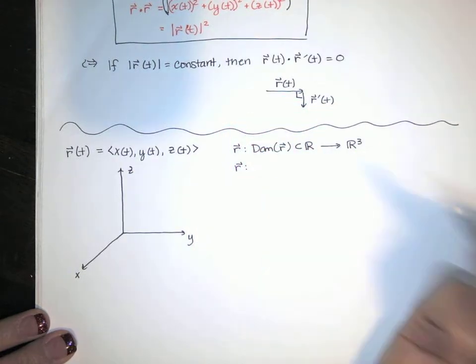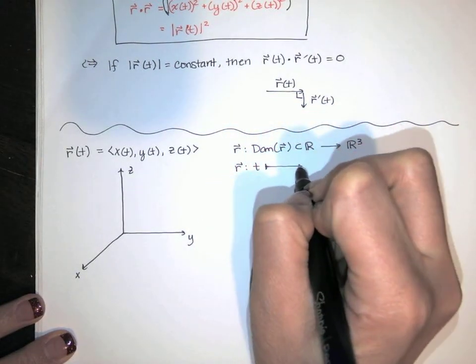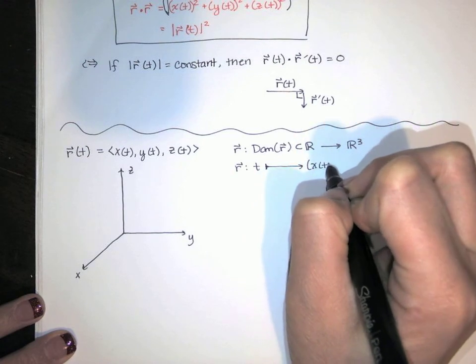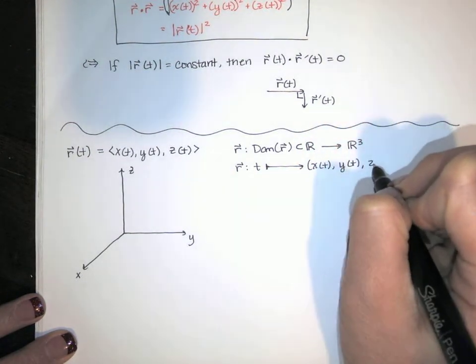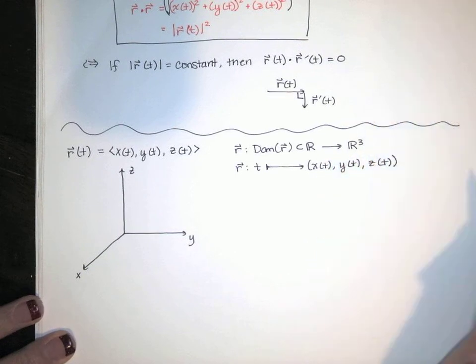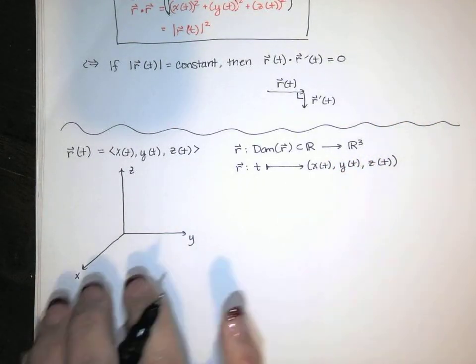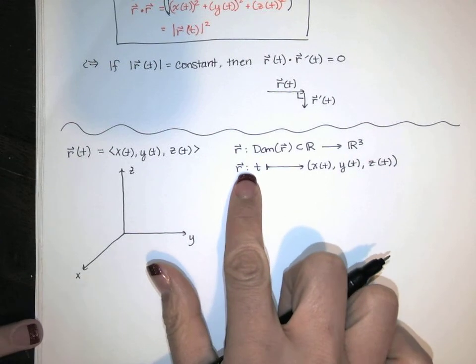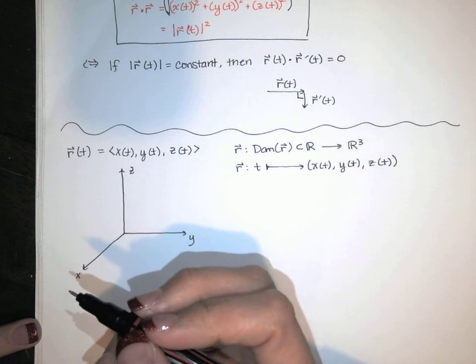So instead of writing this, what we're taking is a number t, and we're mapping it to a point: x of t, y of t if we're in 2D; x of t, y of t, z of t if we're in 3D; x sub 1, x sub 2, x sub 3, all the way through x sub n if we're in n-D. But we're just taking a single real number and mapping it to this point in n-dimensional space, and specifically we're going to look at three-dimensional space.